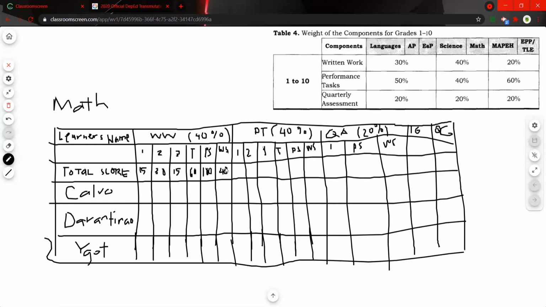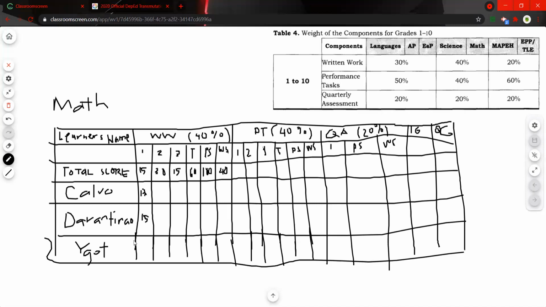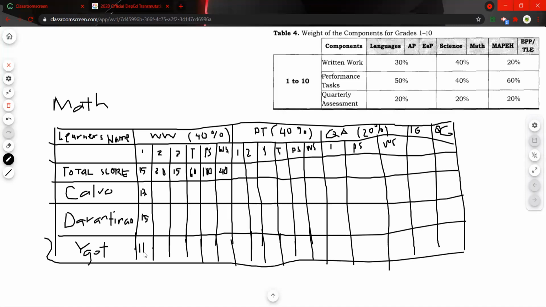Okay? 40%. And now, let's assume the scores of Calvo, Darantinaw, and Igot for written works. For the first written work, Calvo got 13 out of 15, while Darantinaw got 15 out of 15, and Igot got 11 out of 15.